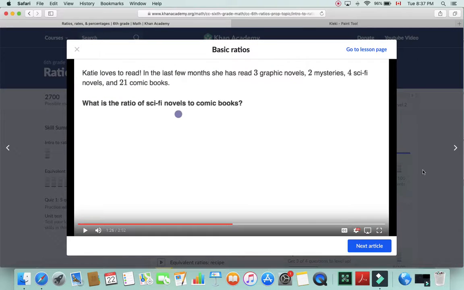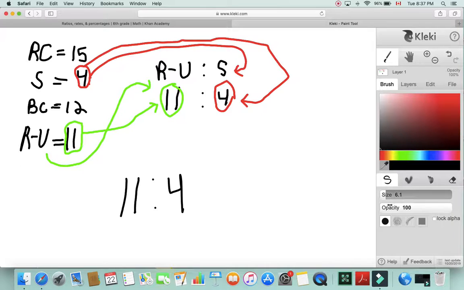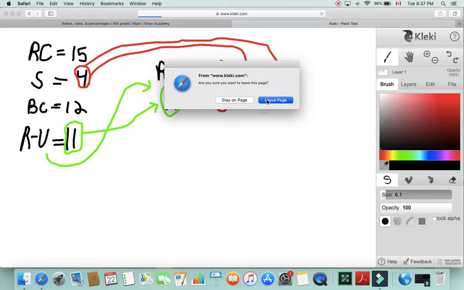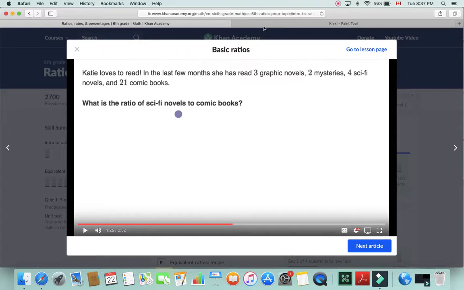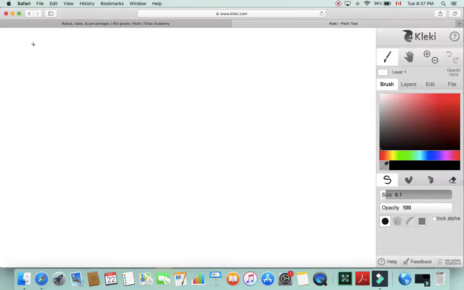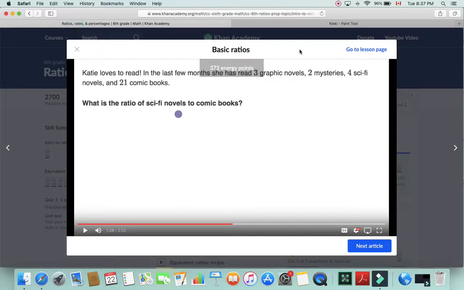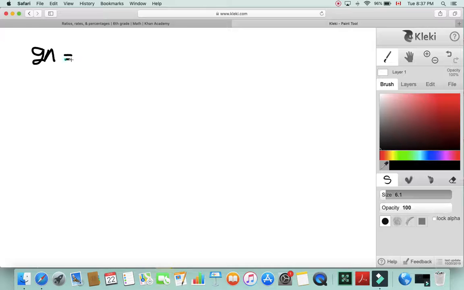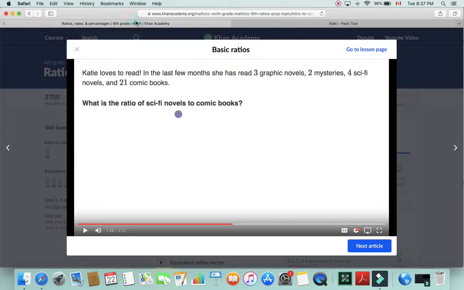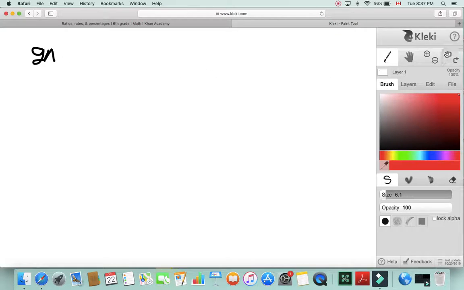Okay, so it says that Katie loves to read, and in the last few months, she read 3 graphic novels. I'll use red for graphic novels.